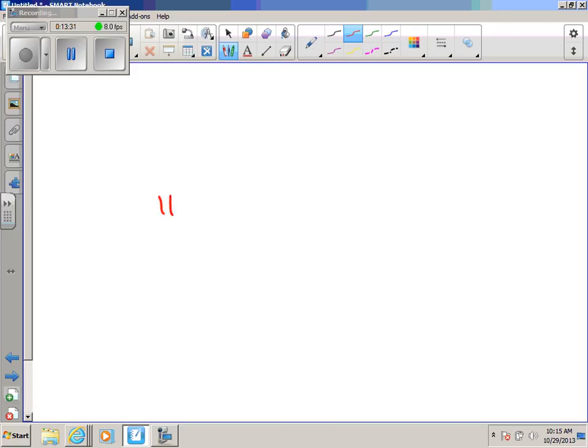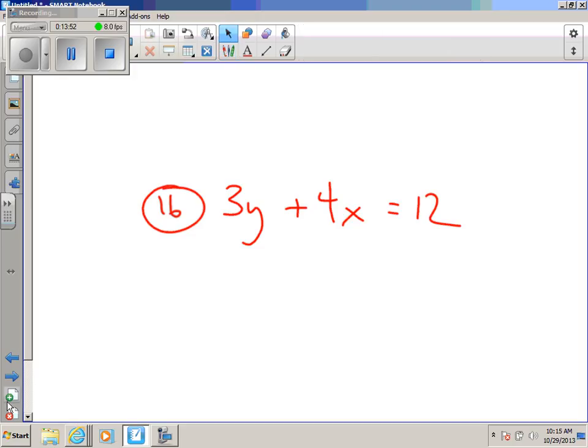How about 16? Raven, first thing. So how's this side going to look?